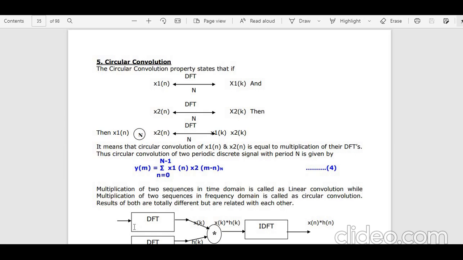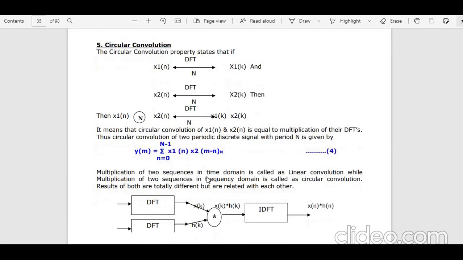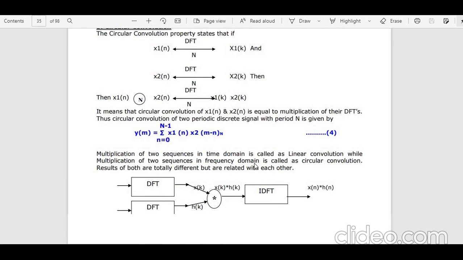In general, we can write that formula this way: y of m is equal to the summation from n equals 0 to N minus 1 of x1 of n into x2 of m minus n, right? So this is the way we can represent the signal whenever we try to find the circular convolution. In block diagram form, since multiplication of two sequences in the time domain is called linear convolution, if you are working in the time domain, that is considered linear convolution.